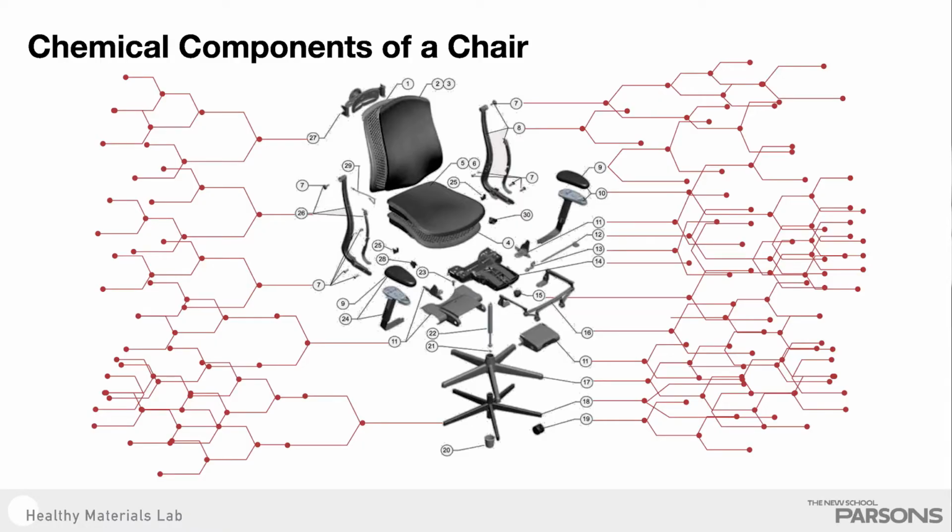Now, if you think about it for a moment, this can be pretty complicated if you just imagine the chair you might be sitting in while you're listening to us talk here. Think about all the different components of that chair. Think about all the different chemicals that are in those components.